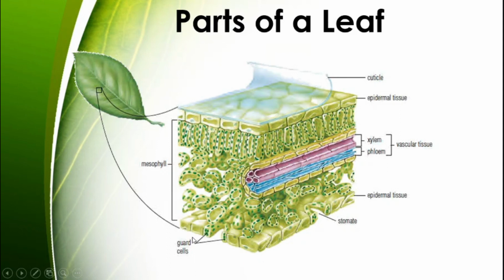Since the lower epidermis doesn't have any cuticle or waxy layer, carbon dioxide is free to enter at the bottom part of the leaf. So there are more stomata on the underside of the leaf. In the stomata, carbon dioxide enters and oxygen leaves. It is the entrance for carbon dioxide and the exit for oxygen.